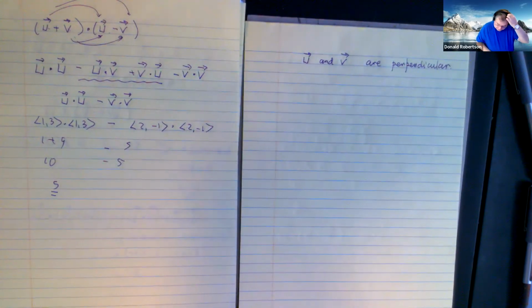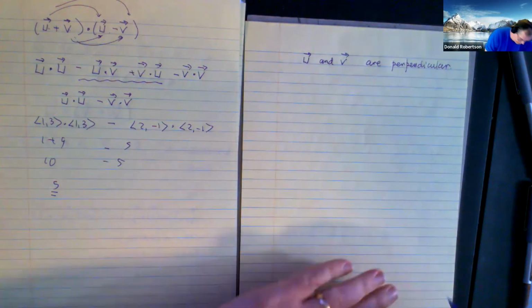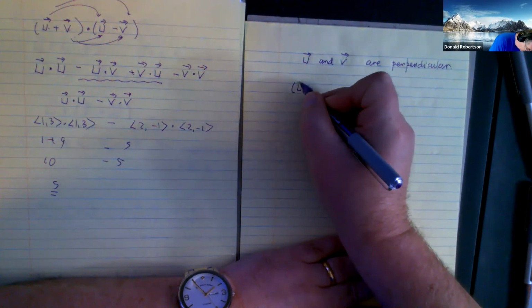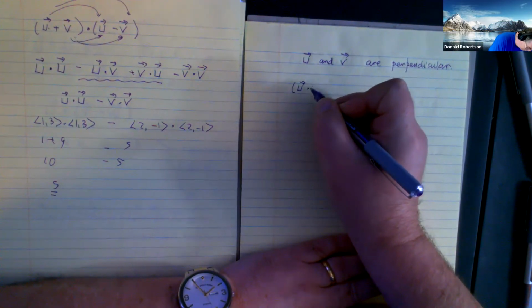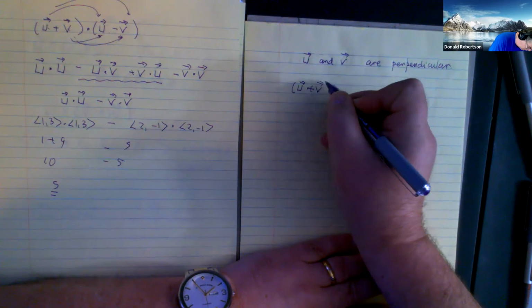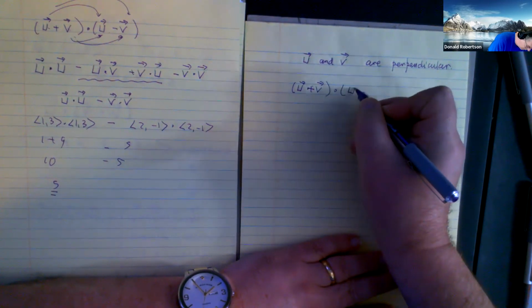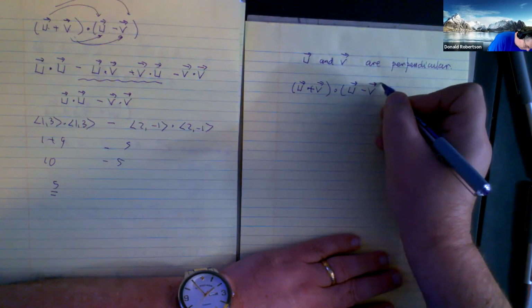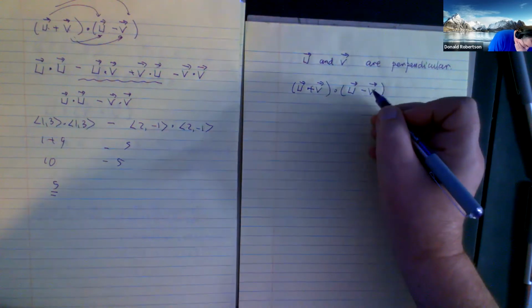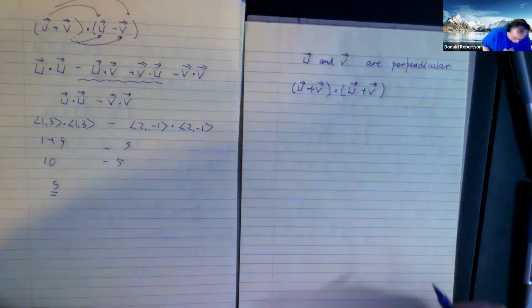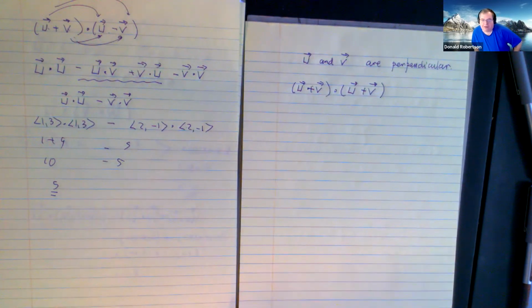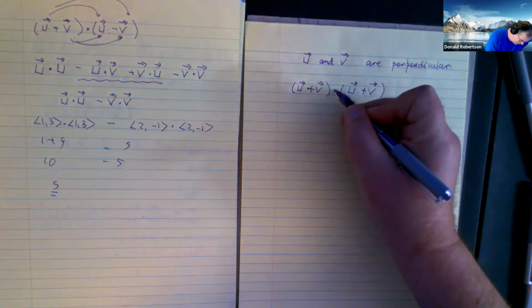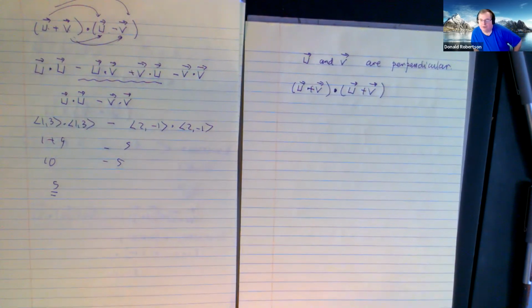Suppose I tell you that two vectors u and v are perpendicular. And I wanted to find what those two guys are. (u plus v) dot (u plus v).